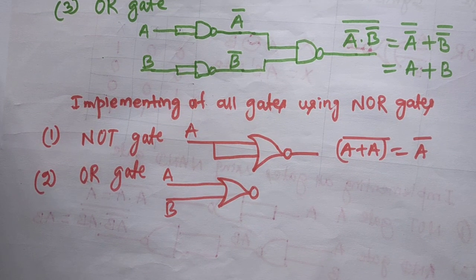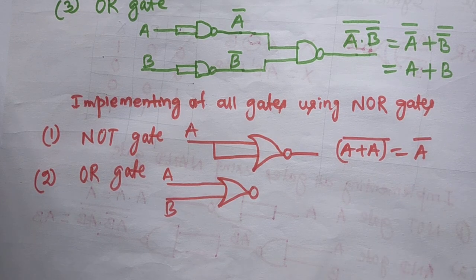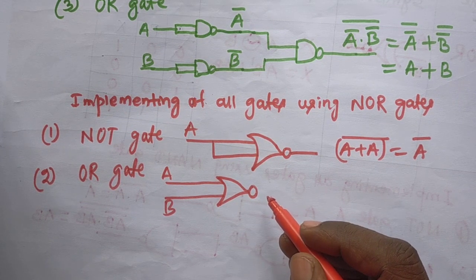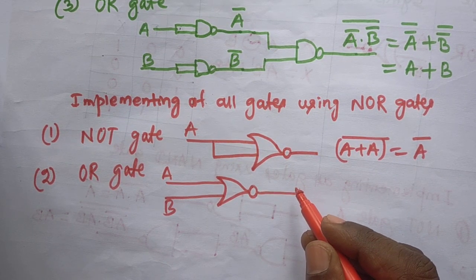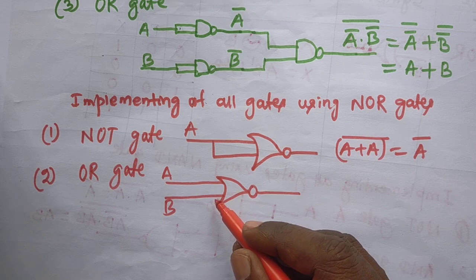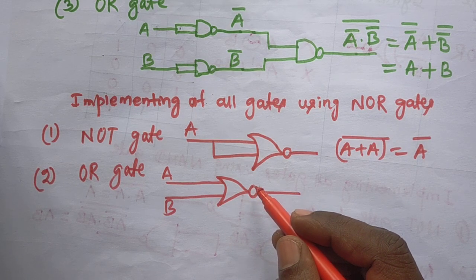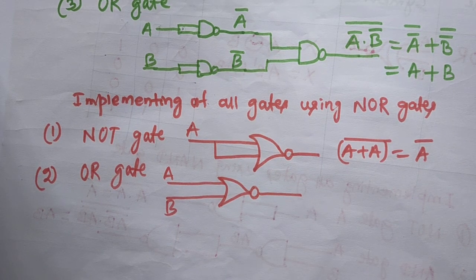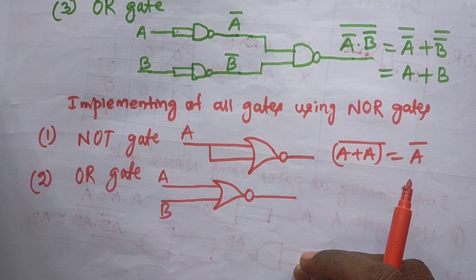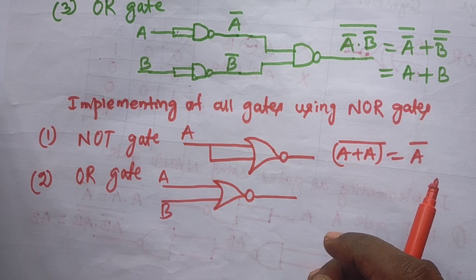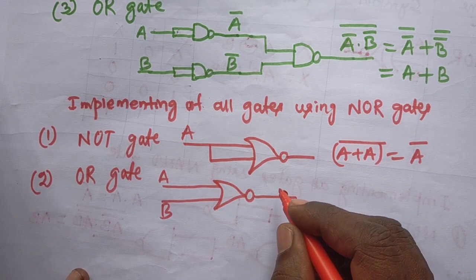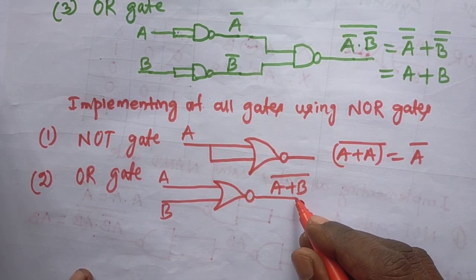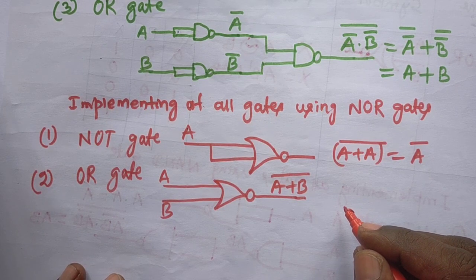And A and B values, what you will get here, you see, A plus B complement. Whenever we go through this particular value, we get A plus B complement.